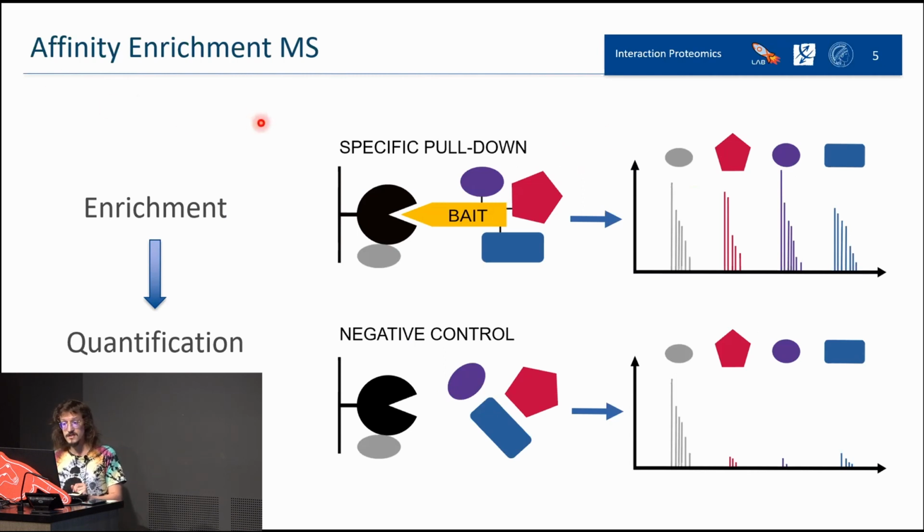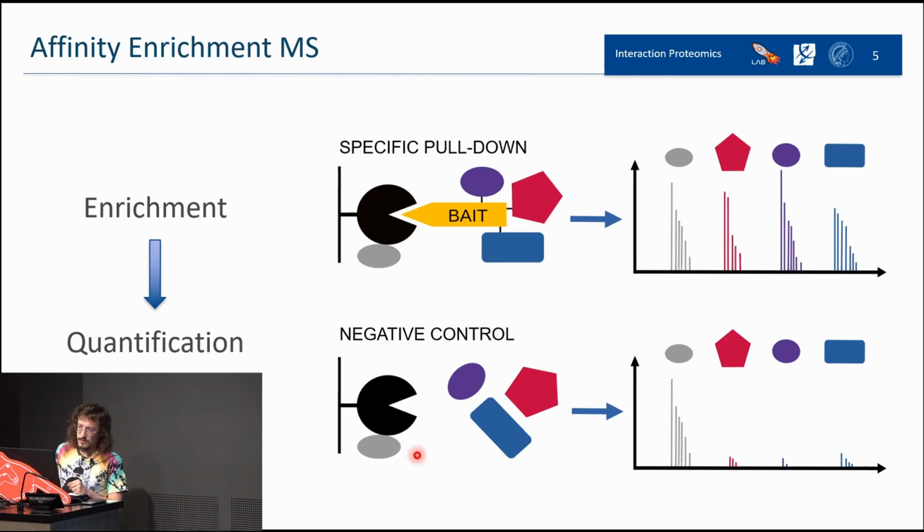It's called Affinity Enrichment Mass Spectrometry. So what you do, you have something like an antibody here that will selectively attach to a bait. Bait is the protein that you want to sequence, and you want to cluster together with its specific binders.